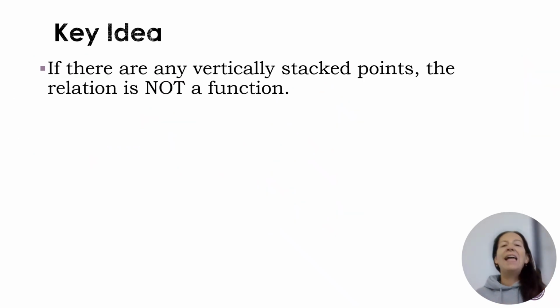If there are any vertically stacked points at all, the relation is not a function. And that's one of the easiest ways to tell whether something is a function. It's not always easy to tell in other formats. Okay, like you got to know what you're looking for, but graphs, very quickly, you kind of look over it. If you see any points stacked over each other, it's not a function.